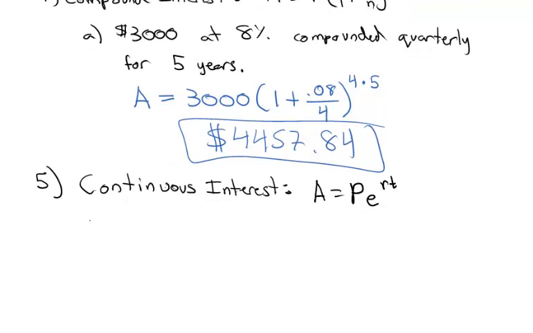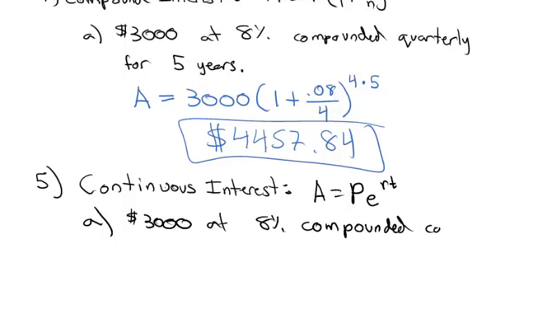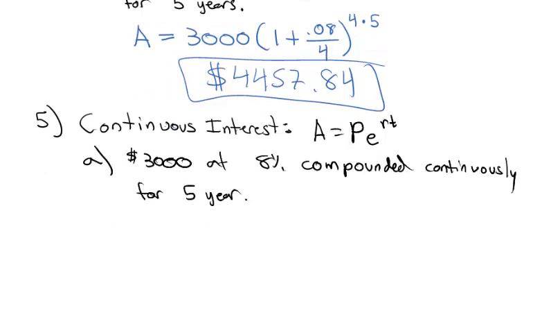So let's try an example with that. Let's take our same $3,000 at 8%, but this time compounded continuously for 5 years. And see what having infinite compounds is going to do to change this situation, how much more money we're going to earn.